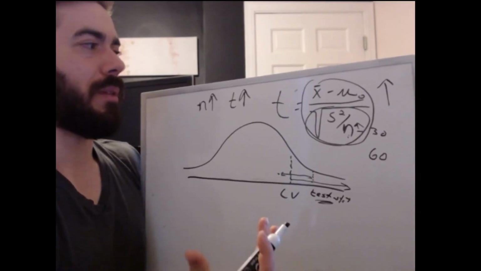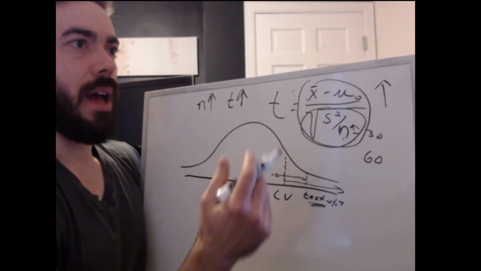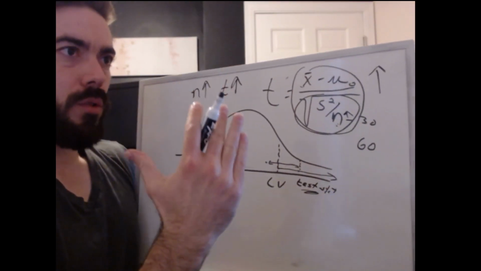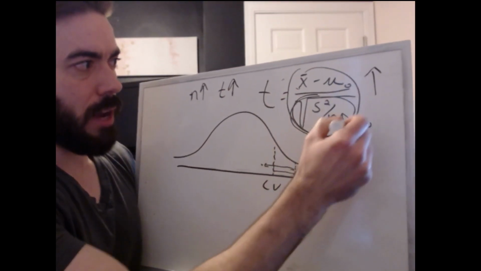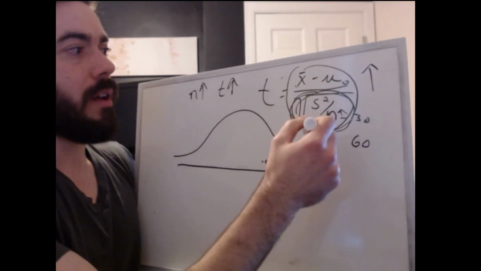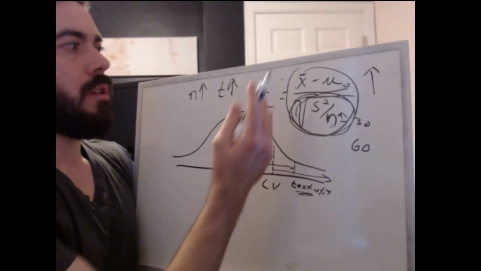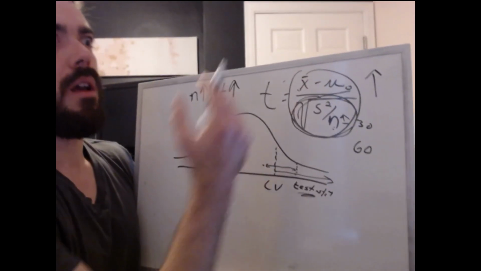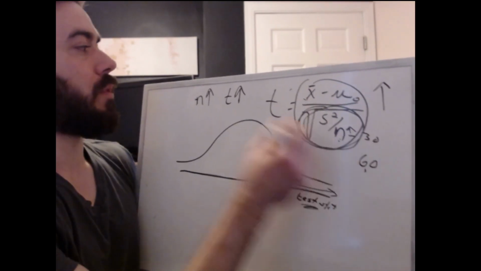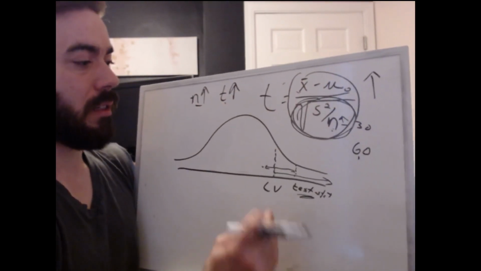That's because finding the same exact value with a higher sample size, remember the higher sample size reduces the variance of those sample means. So seeing the same value is now going to be a larger number of standard deviations away from that assumed true value. So higher sample size will lead to a higher test statistic.